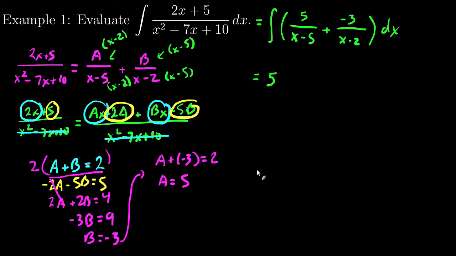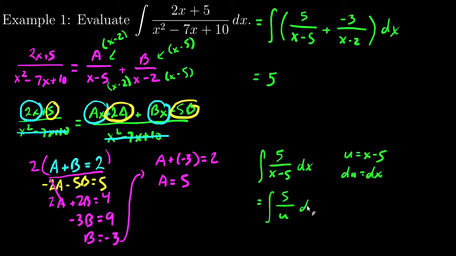If I had this integral of 5 over x minus 5 dx, I could let u equal x minus 5, du equals dx, and I would end up getting the integral of 5 over u du, which is 5 natural log of the absolute value of u, plus c, which is 5 natural log of the absolute value of x minus 5 plus c.